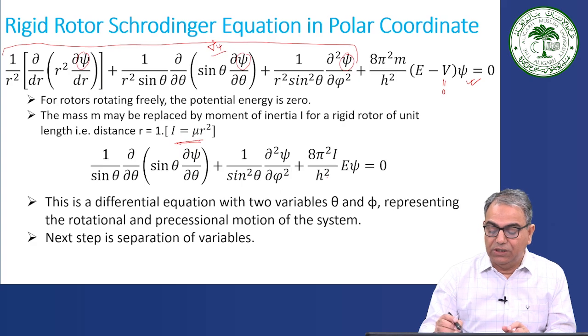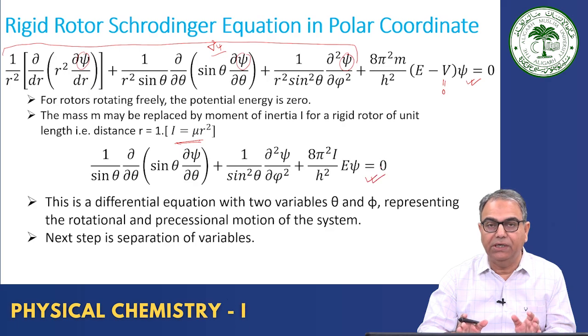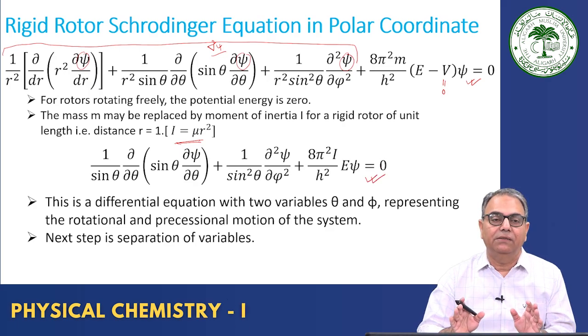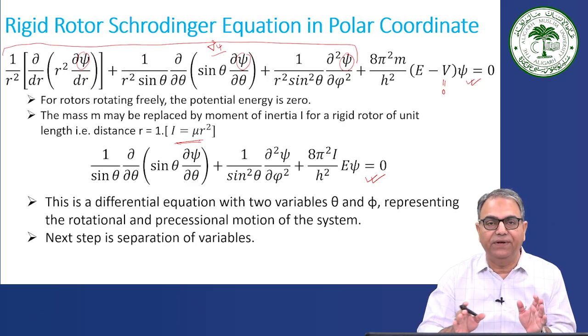So, the equation which we have to solve for the rigid rotor is this only, a very reduced, simple equation, with the assumption that the rotation is free, it is a freely rotating body. And the second assumption is that we do not have the length r varying in a haphazard manner, rather I have fixed r to be equal to 1.